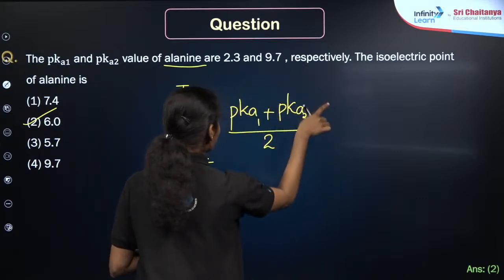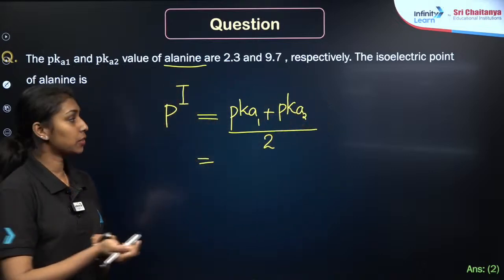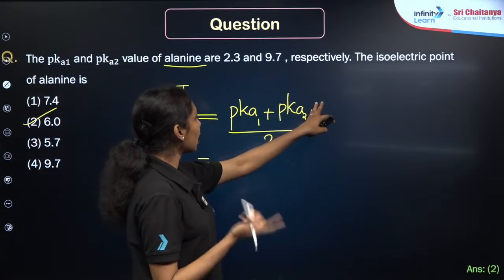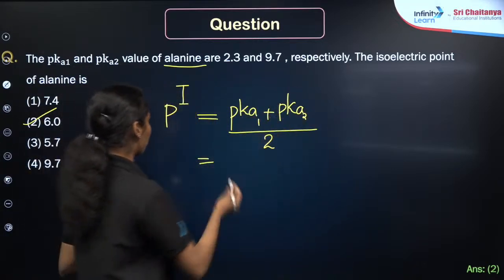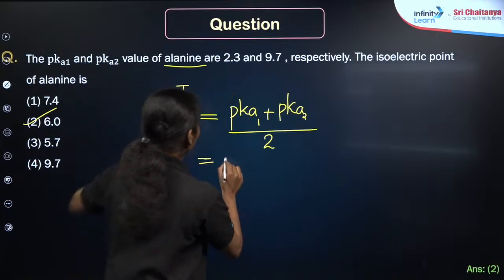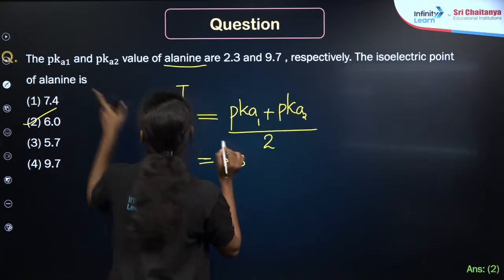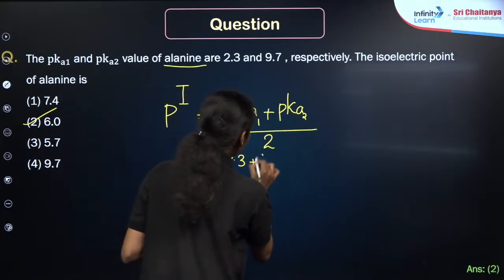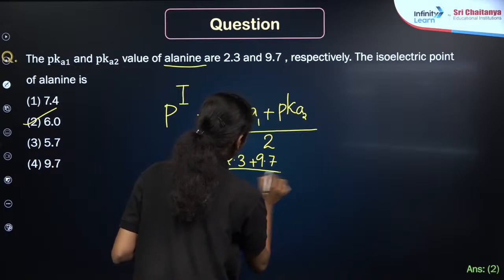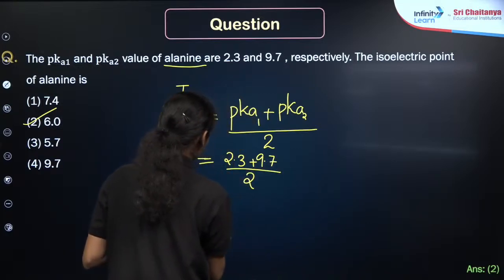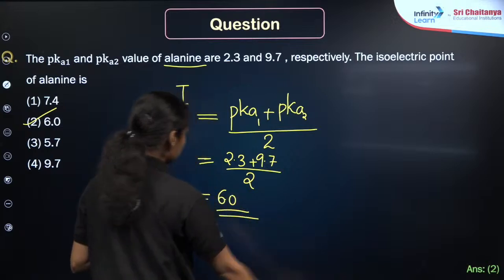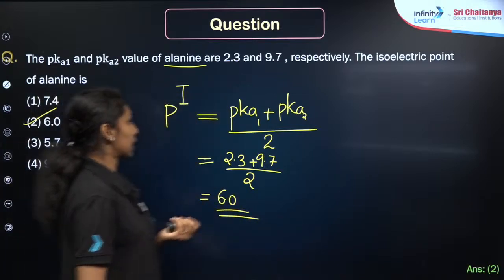Here pK1 stands for the pK value of the carboxylic acid group and pK2 is for the amino group, NH2 group. Here pK1 is 2.3, pK2 is 9.7. By taking half of this sum, it will become 6.0 or simply 6, which means option 2 is the correct answer. Clear?